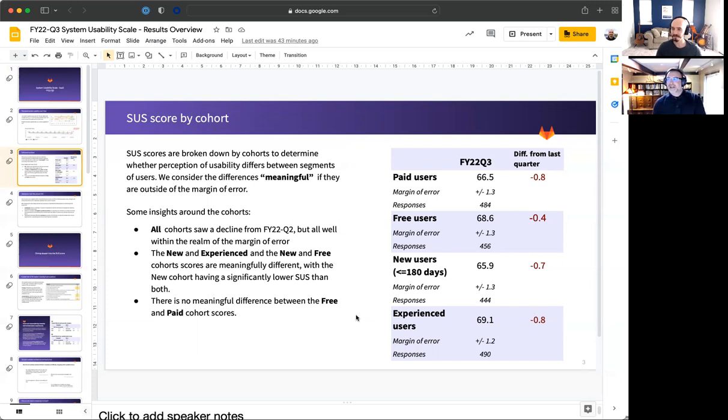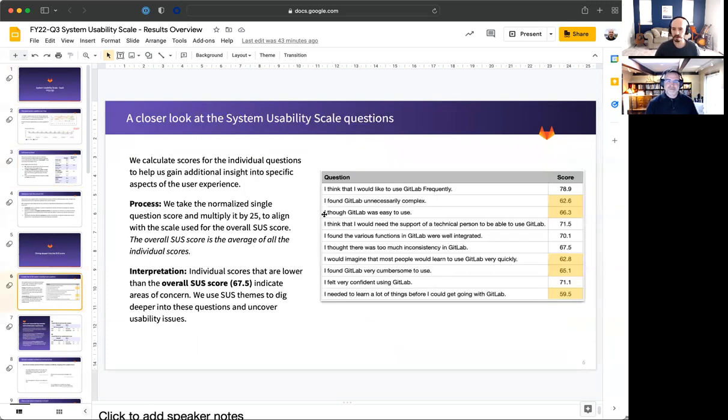I was wondering if anything stands out at the per question level. Yeah. So on that per question basis, I'll go into a little more detail around some of the more negative ones, but as you can see, there are some questions around complexity, ease of use, and learnability that are on the lower side, which leads into some of the conversation we'll have about themes.